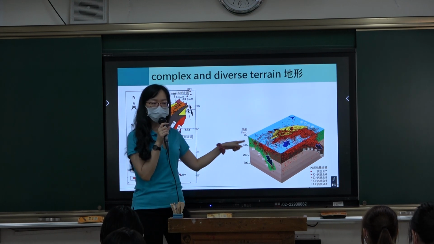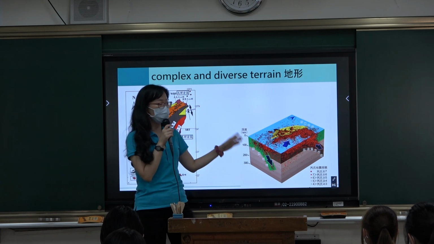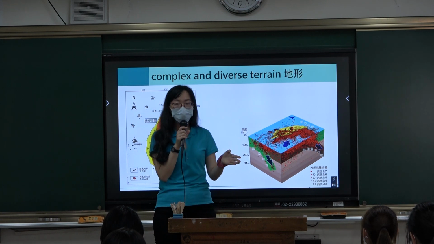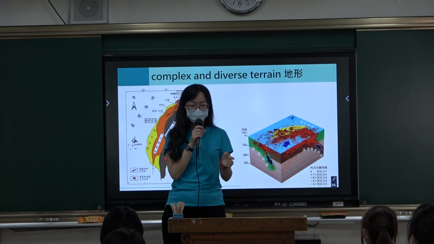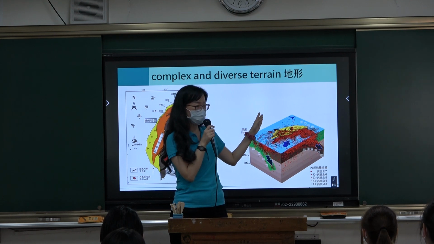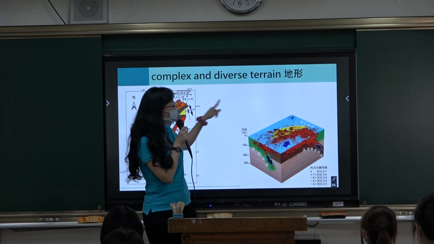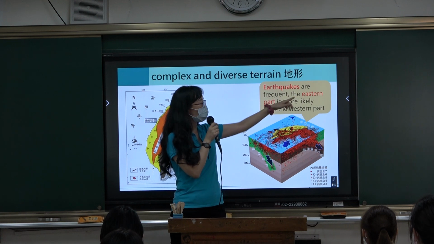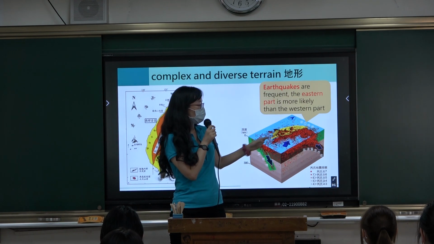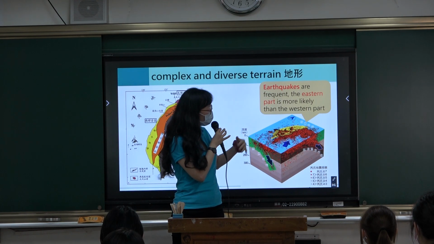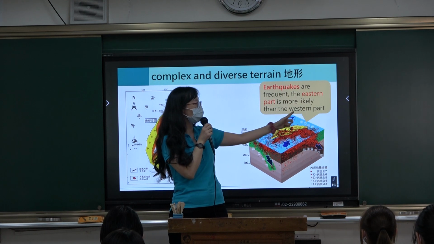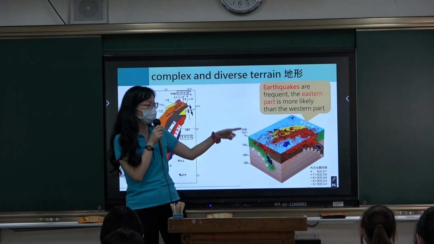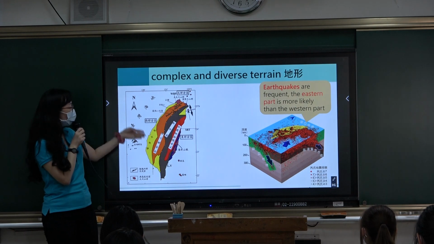So as you can see from the graph, tell me which part of Taiwan has more earthquakes? Which part? East or west? Yeah, east. So actually the earthquakes are very frequent because the plates are colliding here, and the eastern part is more likely to have earthquakes than the western part.